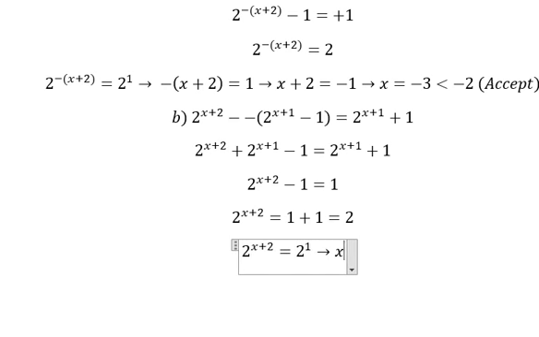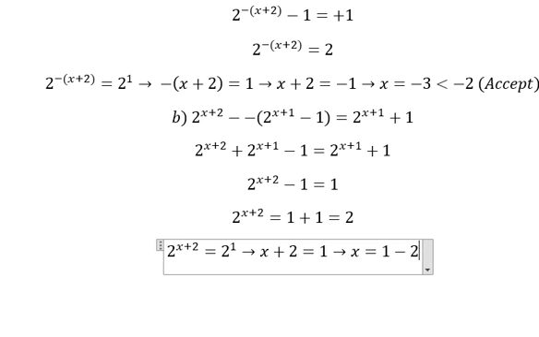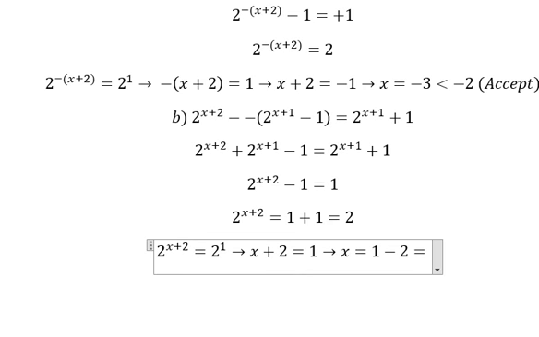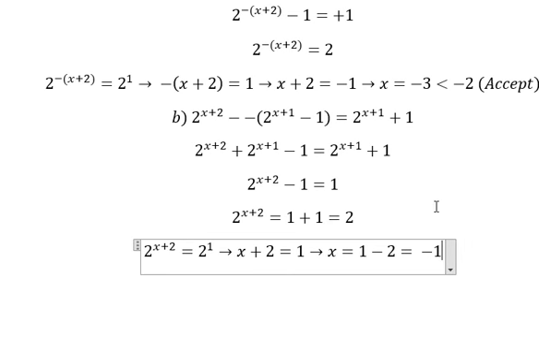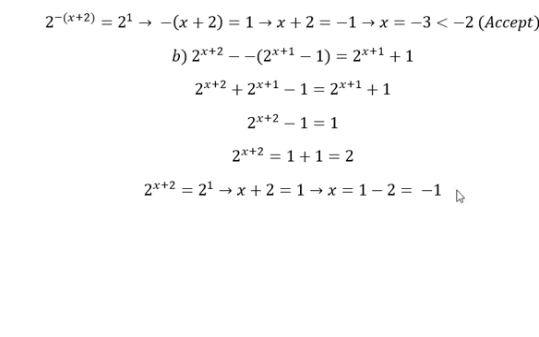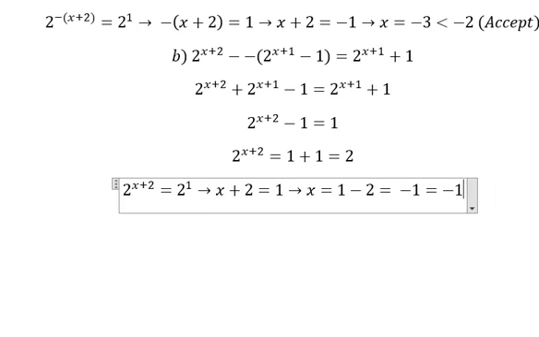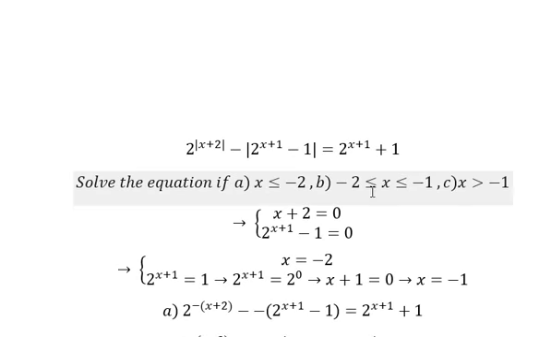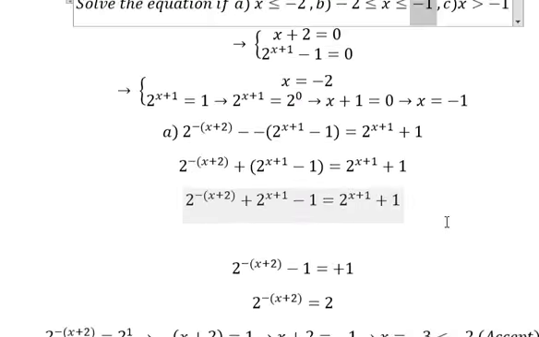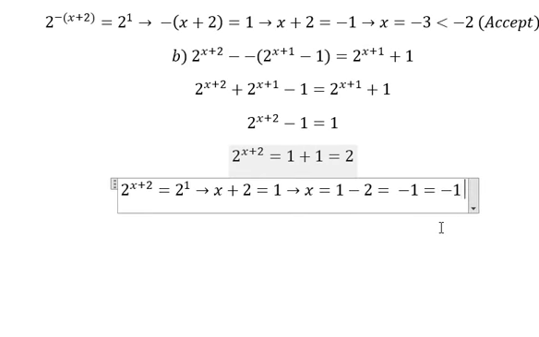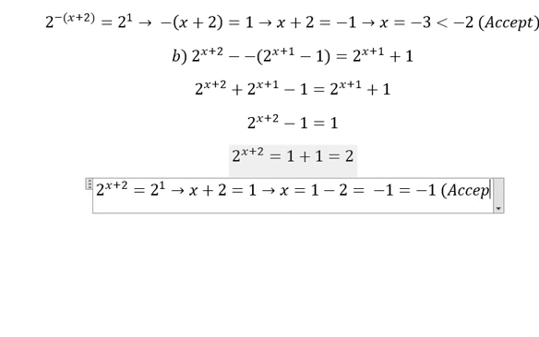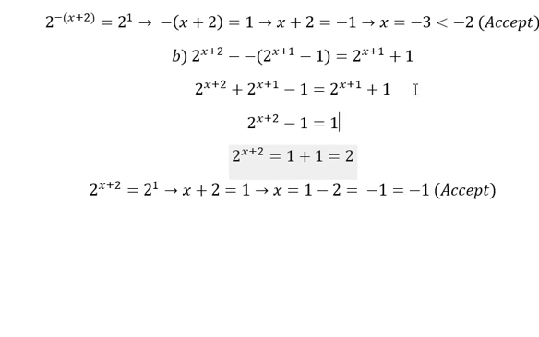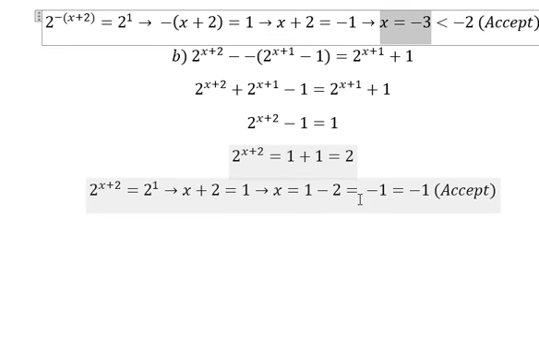So we go about x plus 2 equals to number 1, and x equals to 1 minus 2, and this equals to negative number 1. And we know that negative number 1 equals to negative number 1 from here. So we can accept. So we have two solutions right now.